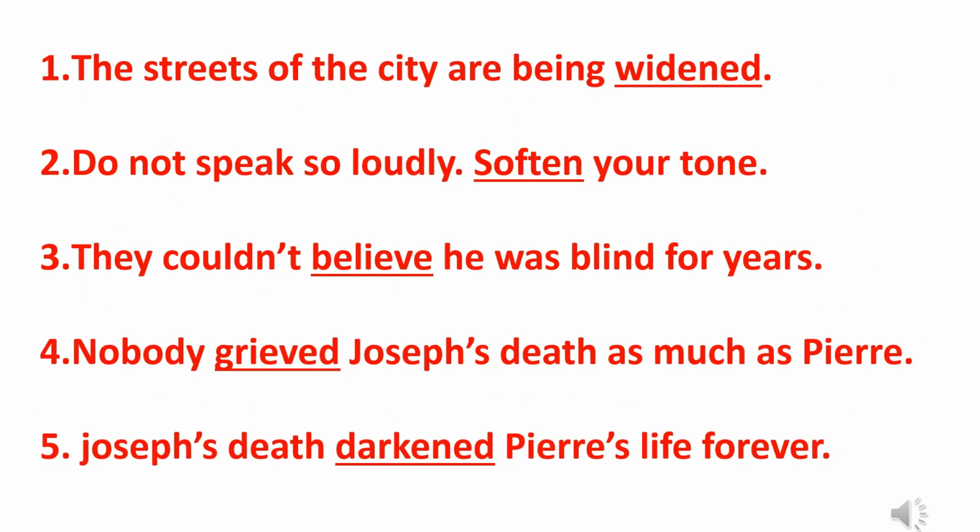Here are the answers. First, the streets of the city are being widened. Second, do not speak so loudly, soften your tone. Third, they couldn't believe he was blind for years. 4. Nobody grieved Joseph's death as much as Pierre. 5. Joseph's death darkened Pierre's life forever. 6.